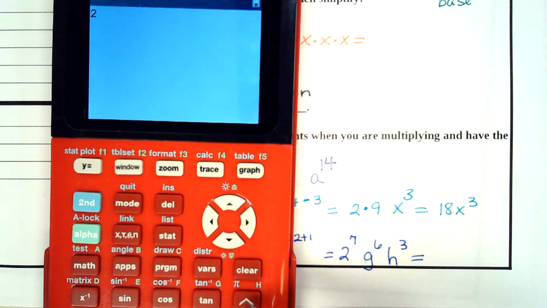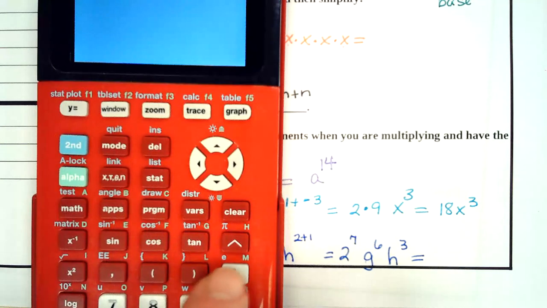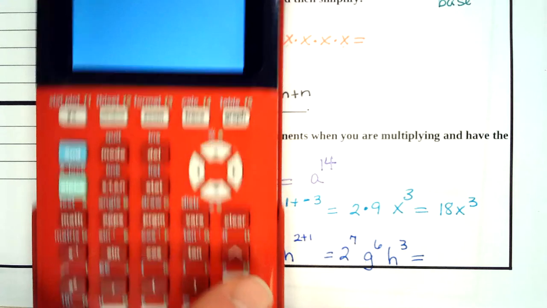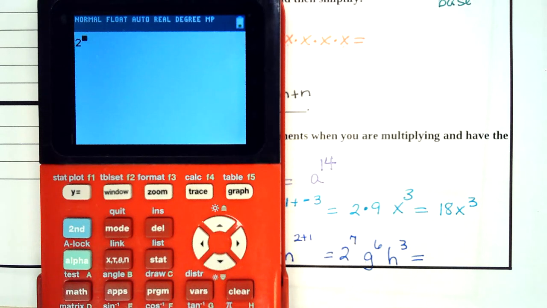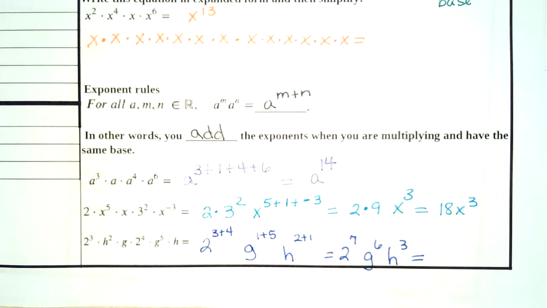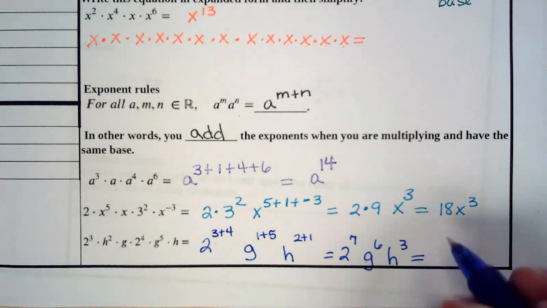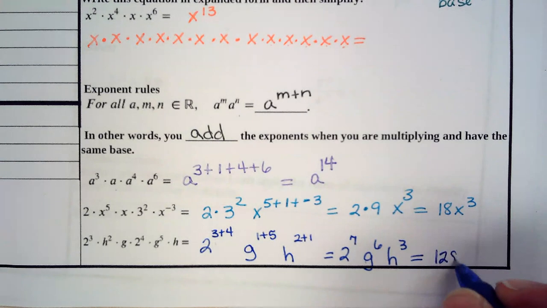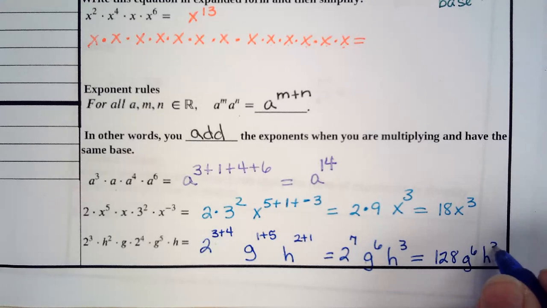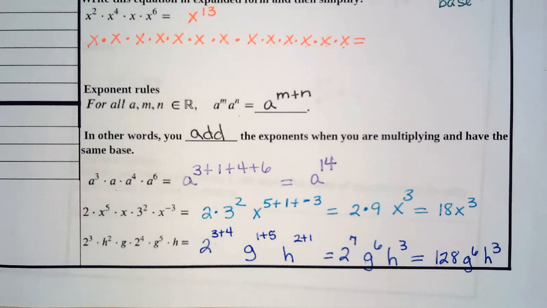This little caret button right here is what we use to raise to powers greater than 3. So I'll hit the upside down V. I hit 7, I hit enter, and it's 128. So this is 128 g to the 6th power, h to the 3rd power. And I have simplified it.